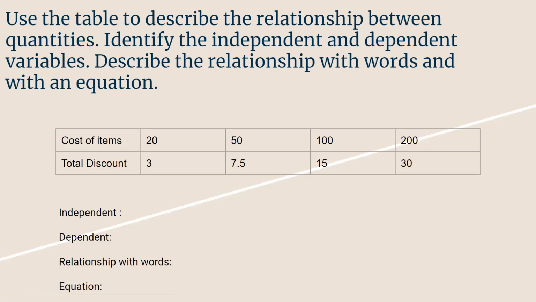So what you see on the screen right now is those directions, and then what number 1 looks like on your piece of paper. Other than I added independent, dependent, relationship with words, and equations, because you should have 4 answers to your question. So looking at this, first of all, I'm going to go ahead and find my independent and my dependent variable.